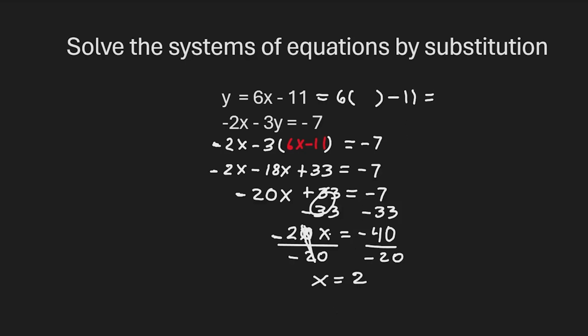The value of x that we're going to use is going to be our answer, which is 2. And then multiply 6 times 2, that'll be 12 minus 11. So that's how you're going to get 1.